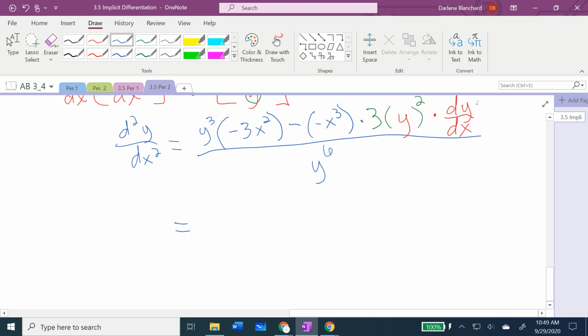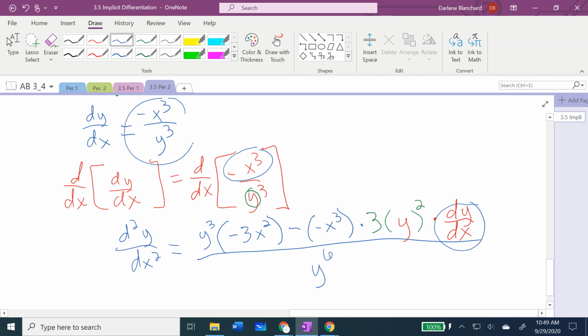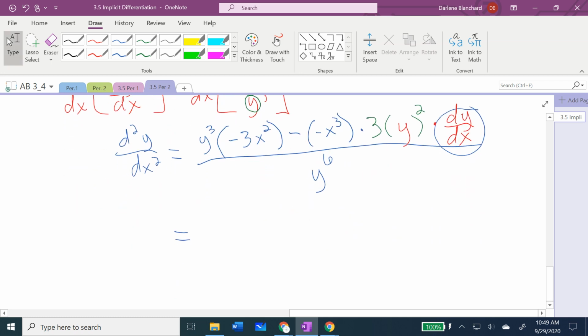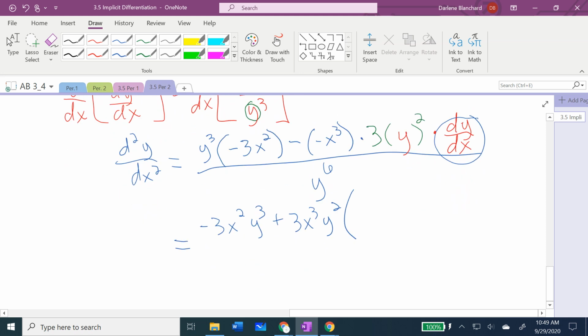So I am going to need to substitute into this dy dx what dy dx happens to be. So I'm going to rewrite this. I have negative 3x squared y cubed plus 3x cubed y squared times dy dx, negative x cubed over y cubed.